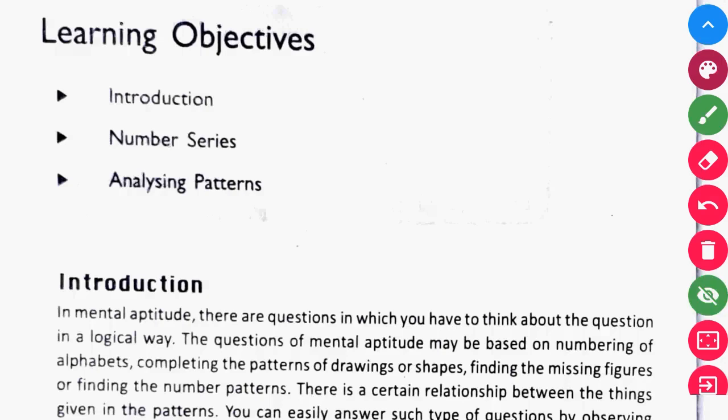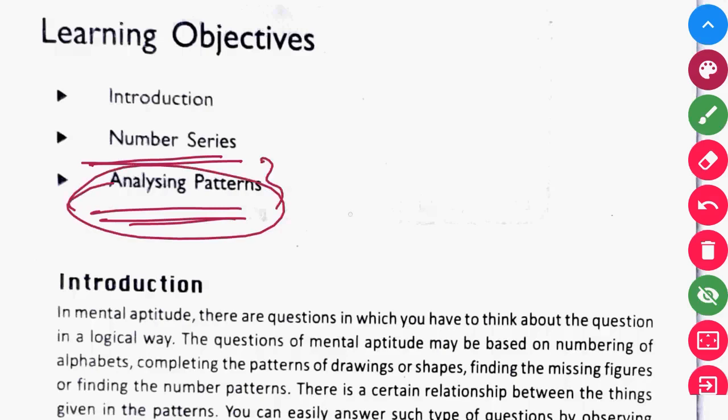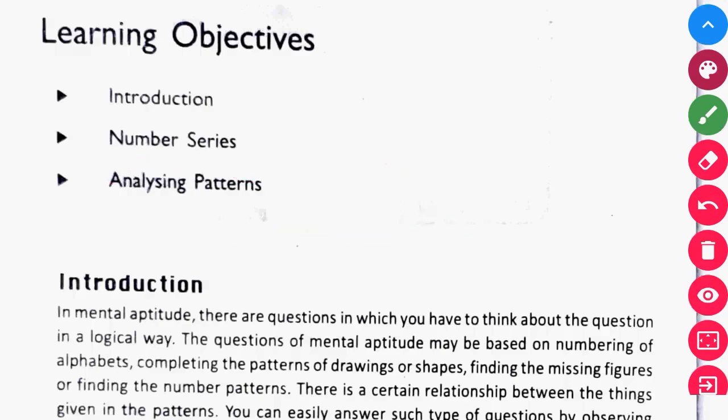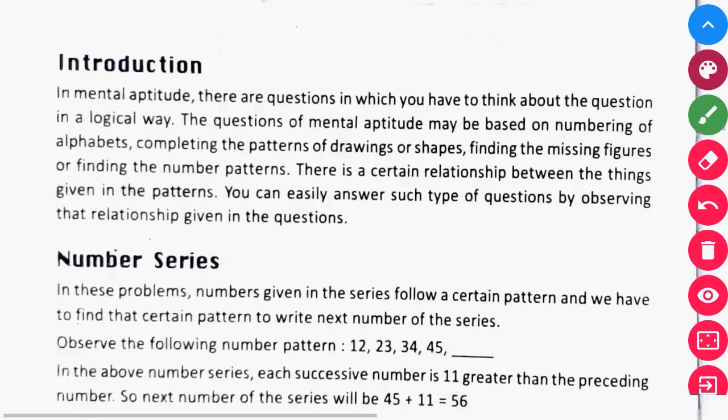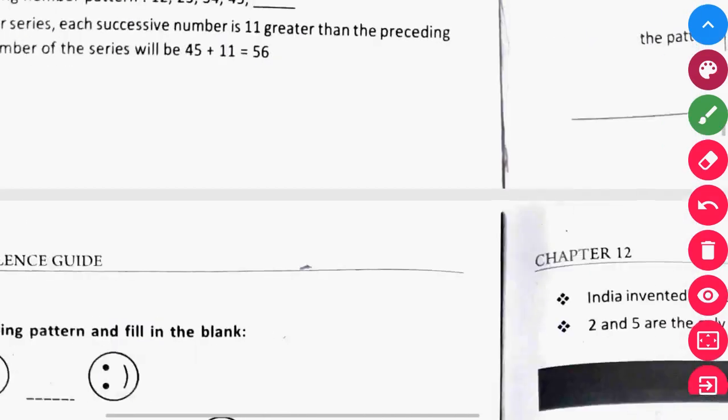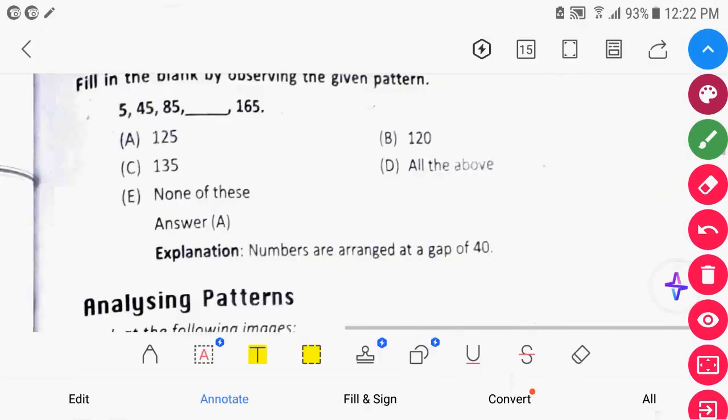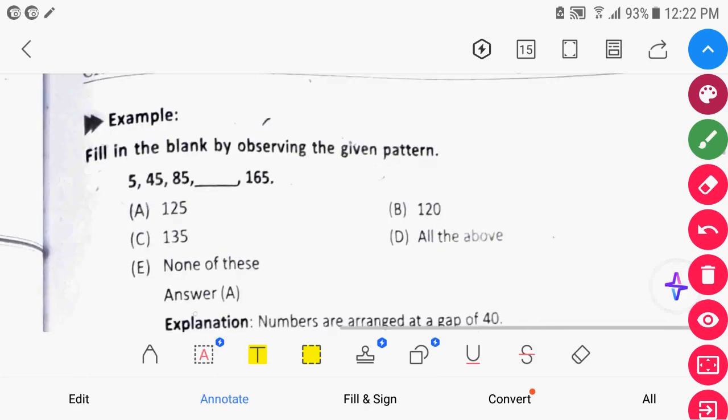So number series is one of the patterns in mental aptitude, and analysis pattern is also another kind of pattern which is there in the questions. Okay, now we'll directly go to some of the solved examples, and then the practice exercise.